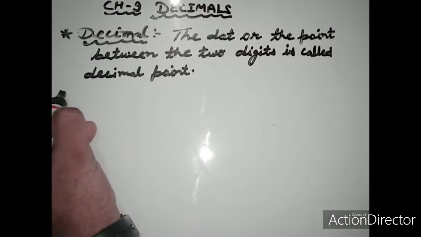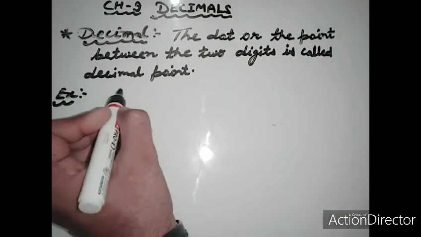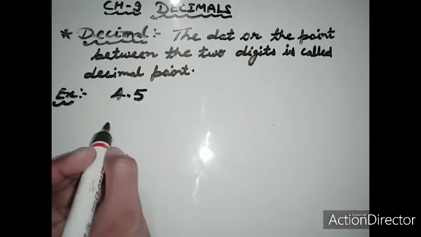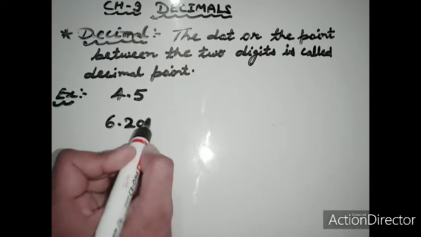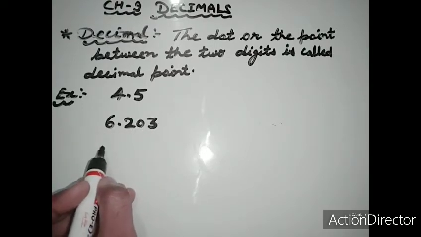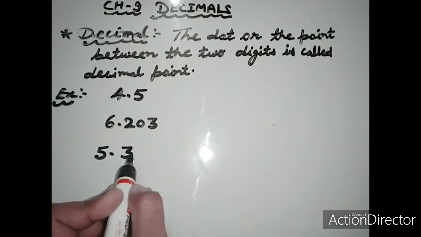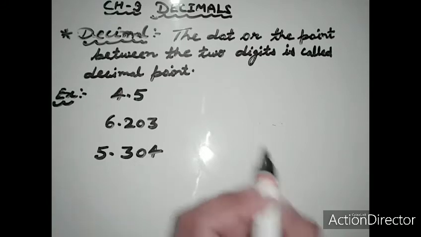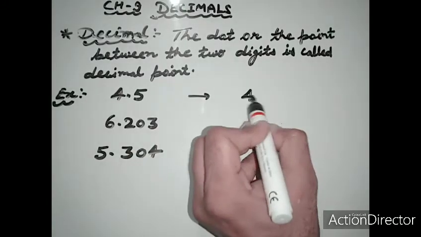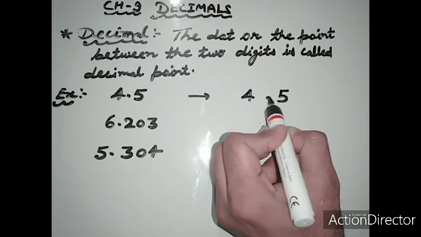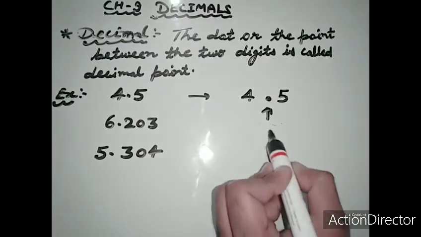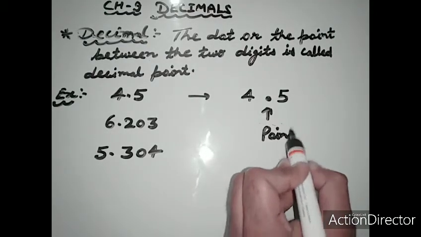For example, 4.5, 6.203, 5.304. Now if we write 4.5, this dot is known as the point.